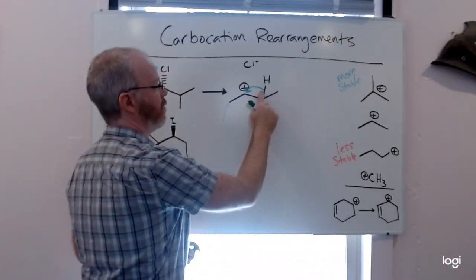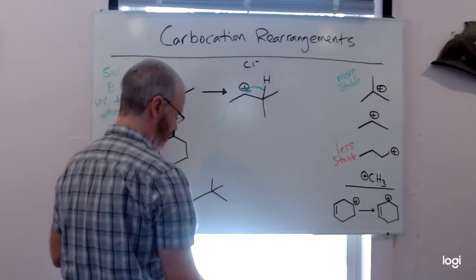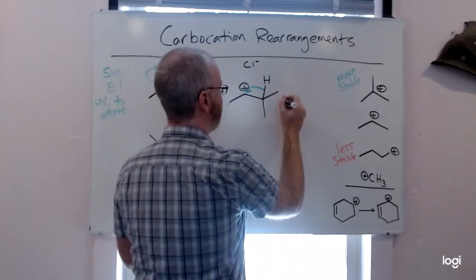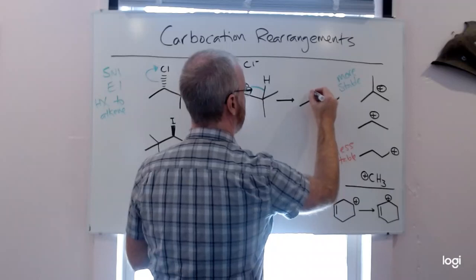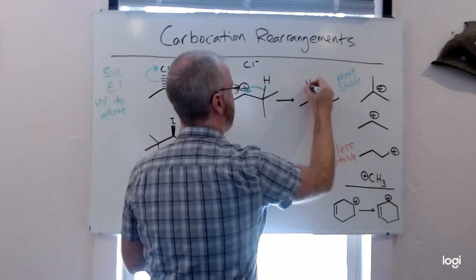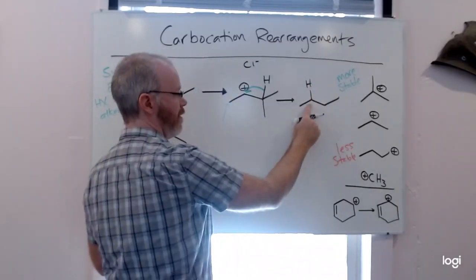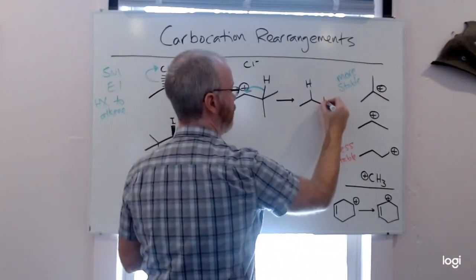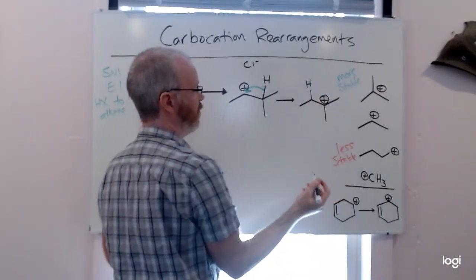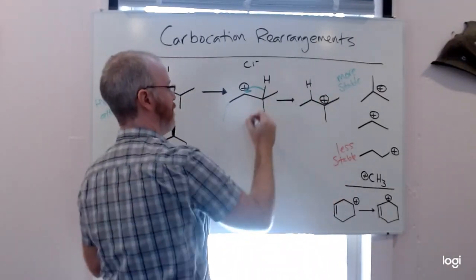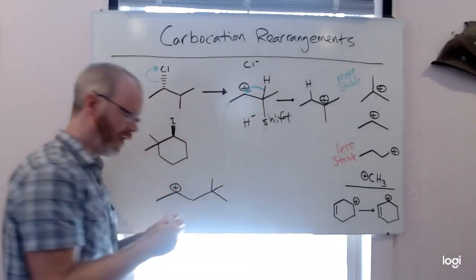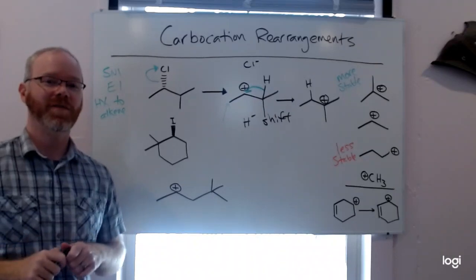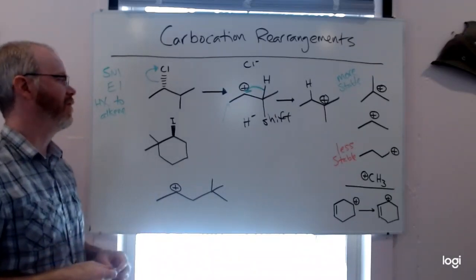The arrow starts in the middle of the bond, points to the carbon with the positive charge. Our hydrogen is slid over to this, leaving the positive charge on the more stable spot. So this is our rearrangement. That's called a hydride shift. And if there's a hydrogen in that more stable spot, that's what's preferentially going to happen.